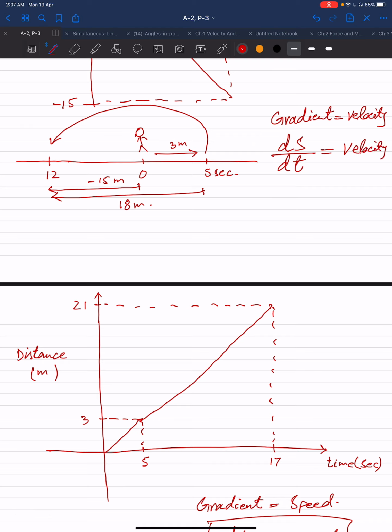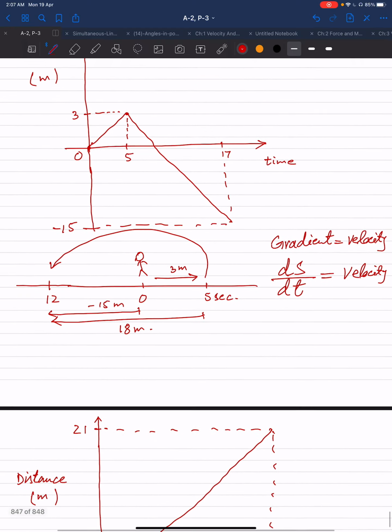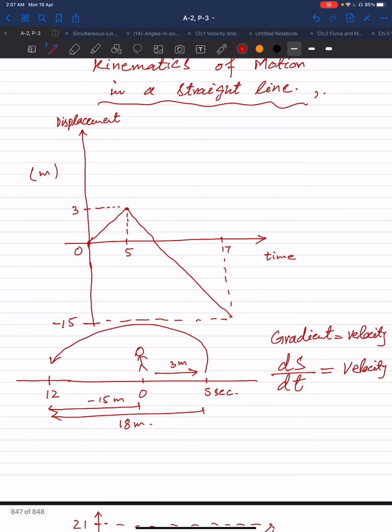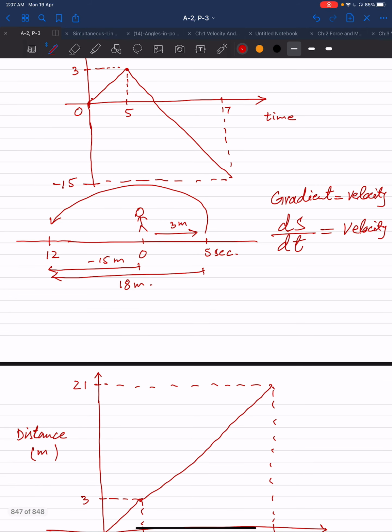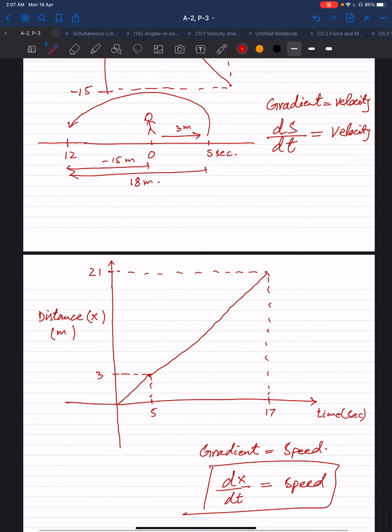Okay, I'll change the distance here. If the distance is x, then dx over dt is equal to speed, and if the displacement is s, then ds over dt is equal to velocity.